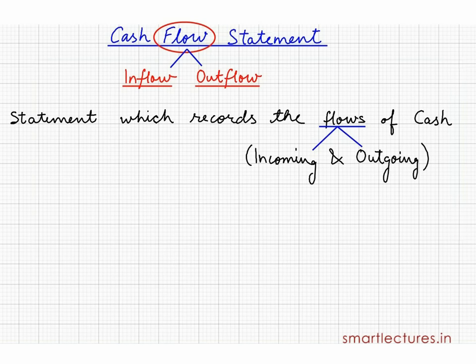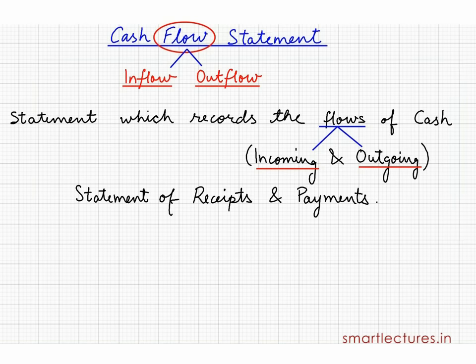Inflow of cash means incoming of cash in the firm or company. Outflow of cash means outgoing of cash from the company. Or in other words, I can say this is the statement of receipts and payments, because receipts are also inflow of cash and payments are outflow of cash.